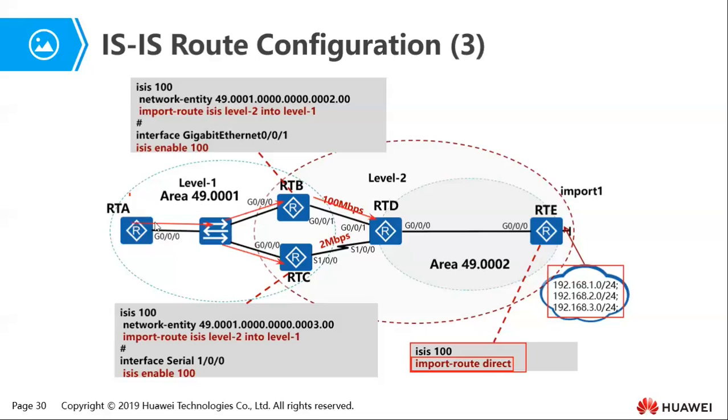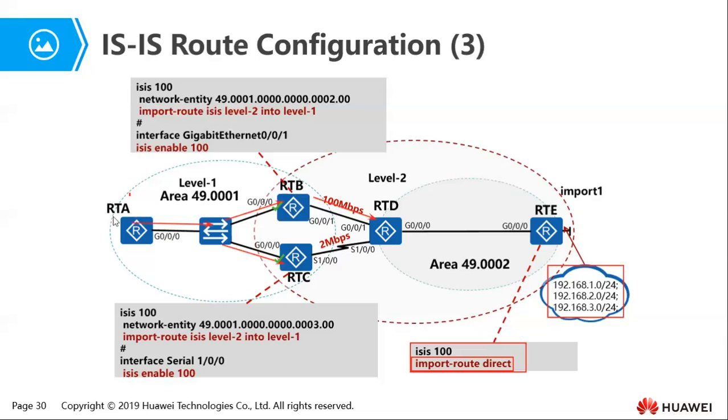The only cost RTA can calculate, because it has a default route to this one and to this one, is the internal cost from itself to this border and to that border, which in this case is the same. Both RTB and RTC have the same cost.